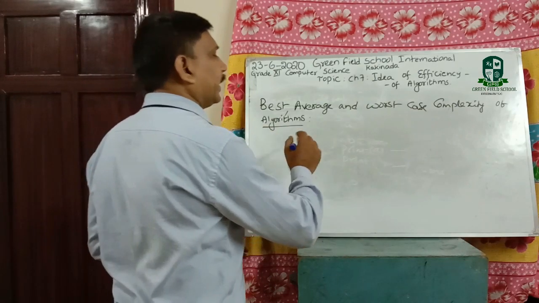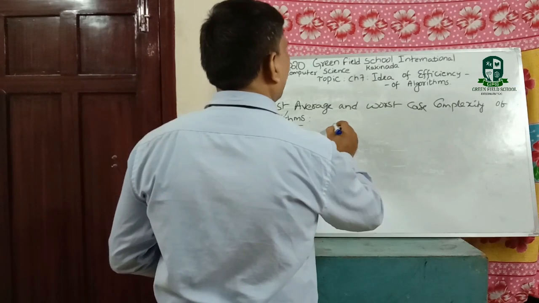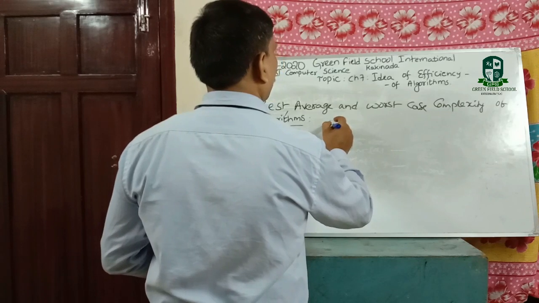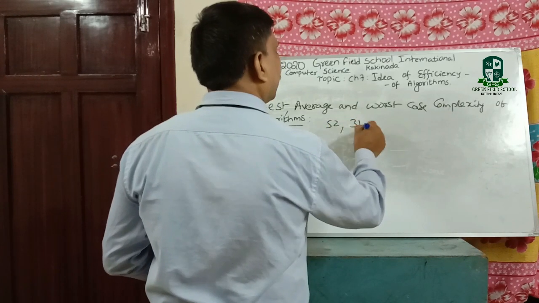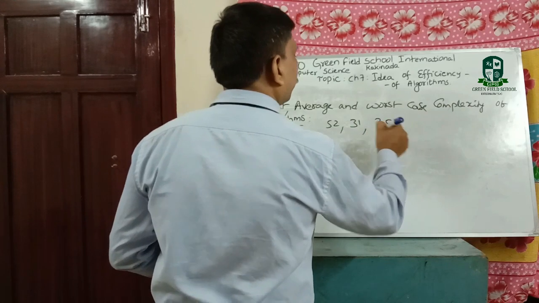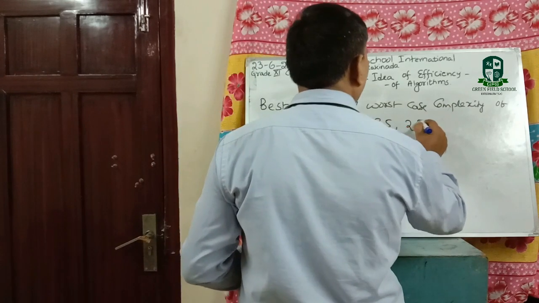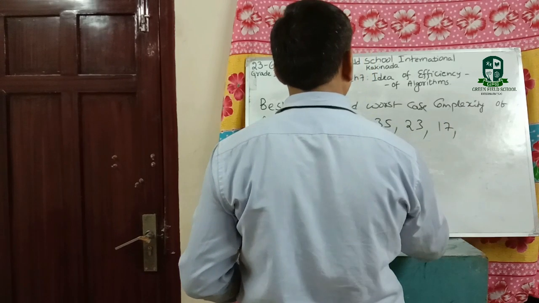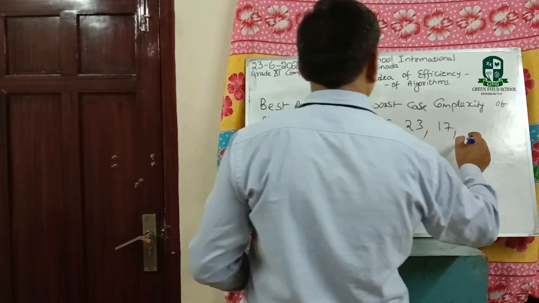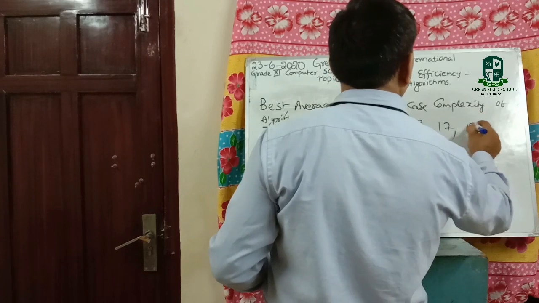Take one example here. I am taking a list of elements: 52, 31, 35, 23, 17, after that 5.